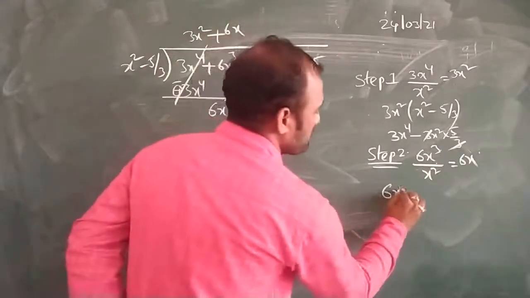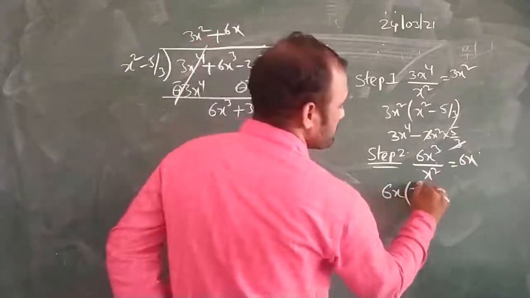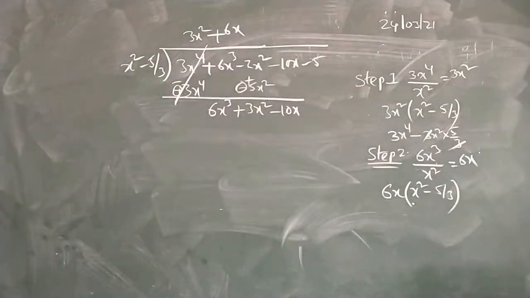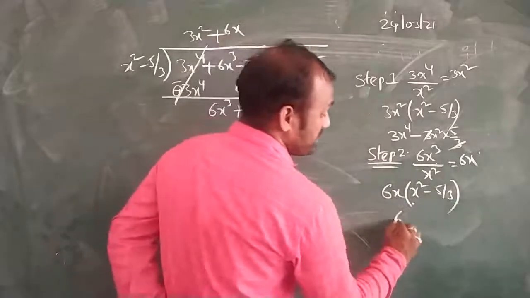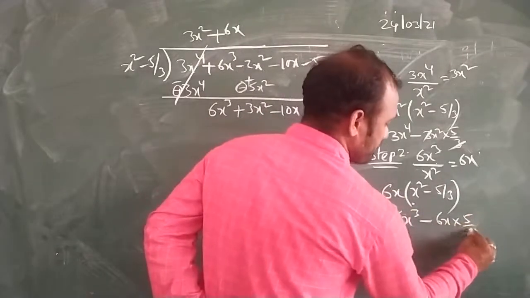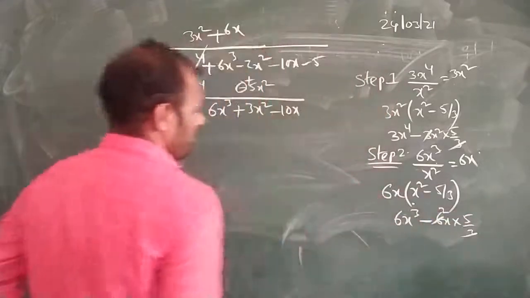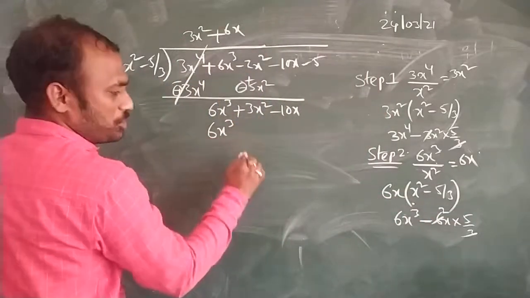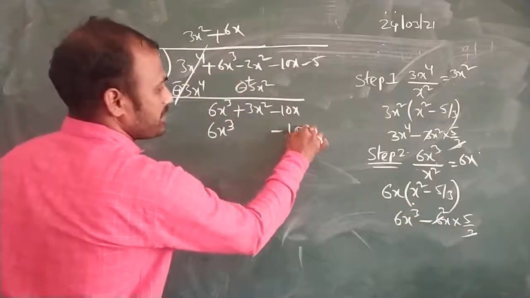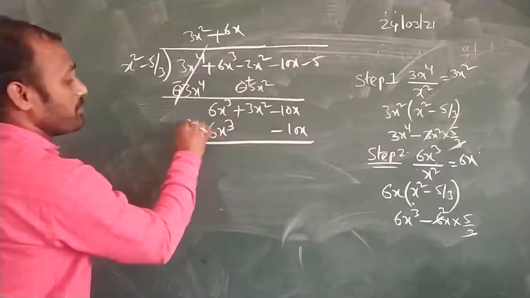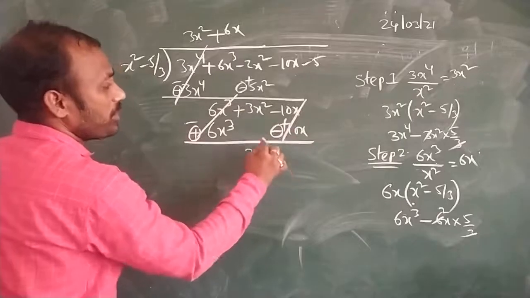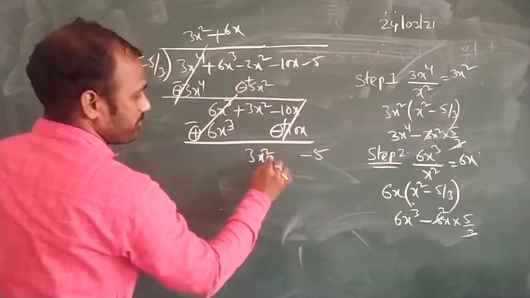Now we multiply 6x into x square minus 5 by 3. 6x into x square will be 6x cube, minus 6x into 5 by 3, the 3 cancels, giving minus 10x. Plus will become minus, minus will become plus. This will get cancelled. The remaining terms are 3x square and minus 5.